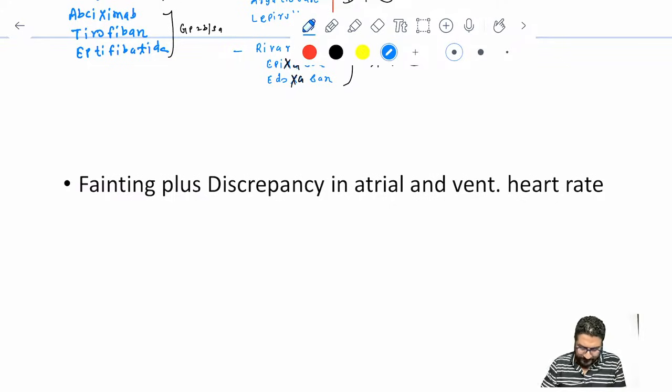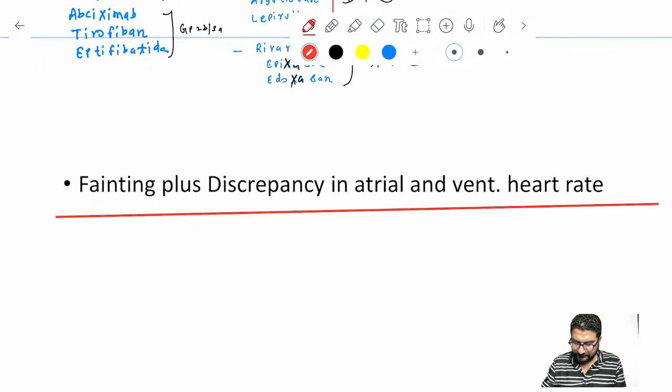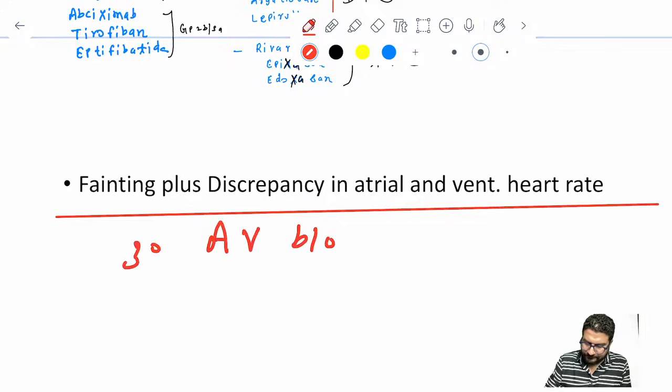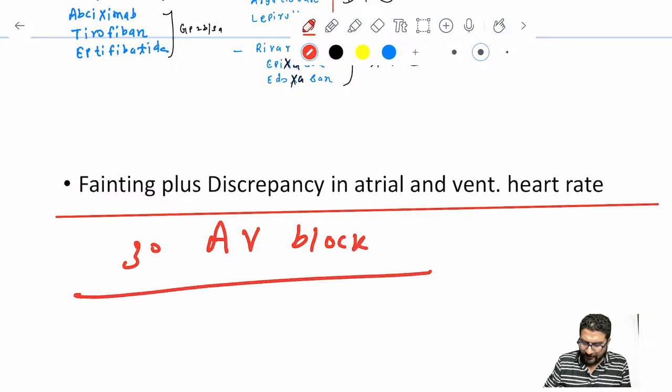Shubham, Rupalik. Okay, now coming to fainting plus discrepancy in atrial and ventricular heart rate. When we see different atrial and ventricular heart rates, it is called third degree AV block. What is the problem?